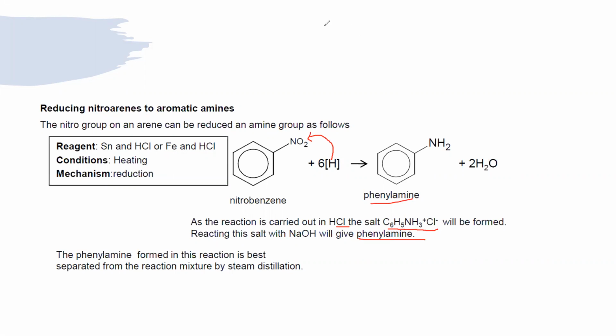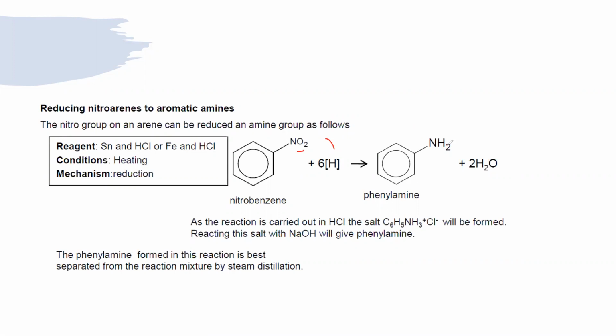Initially what happened, if you check substances like ammonium salts, on supplying heat energy they decompose into ammonia and HCl. The same way the reaction occurs here: when we add tin metal with hydrochloric acid or iron with hydrochloric acid, the oxygen is replaced by hydrogen, but phenylamine is not formed directly.